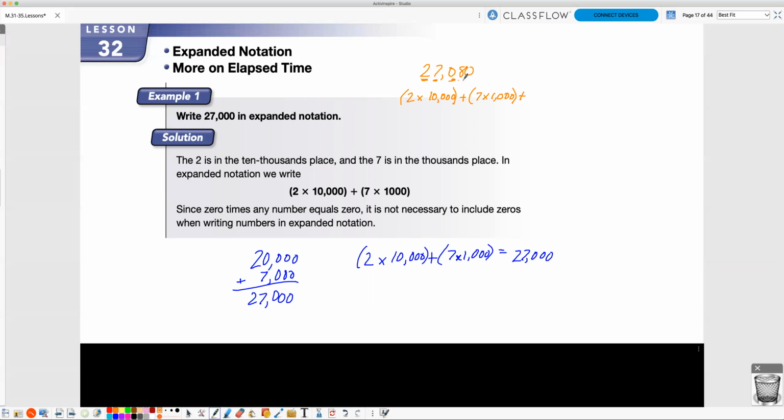So we're going to move on to the 8. The 8 in this place value is in the tens place, so we multiply it times 10. And then we don't need to represent this 0 because 0 times 1 is 0 anyway. So the expanded notation of 27,080 is 2 times 10,000 plus 7 times 1,000 plus 8 times 10.